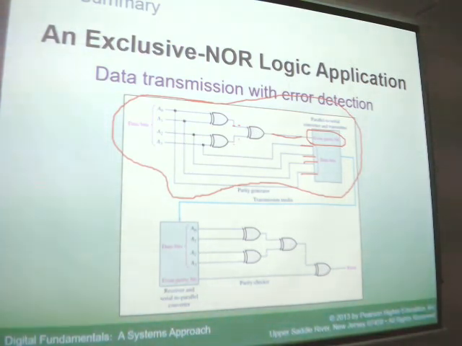Because they are equal, so the output is 0. For this combination, A2 XOR A3, 0 XOR 1 equals 1. And 0 XOR 0 equals 0. So 0 XOR 1 equals 1.